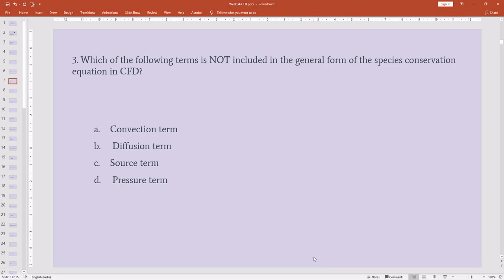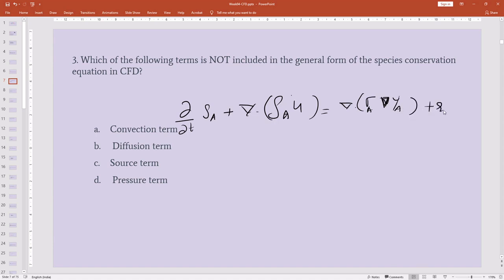So if you remember, the species conservation equation will be: ∂/∂t of ρ_A plus ∇·(ρ_A u) is equal to ∇·(diffusion term) plus R_A.